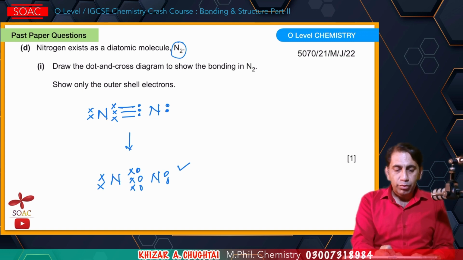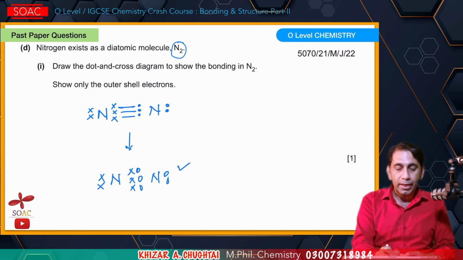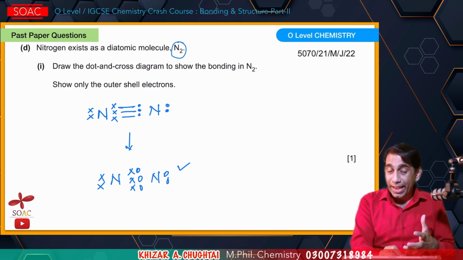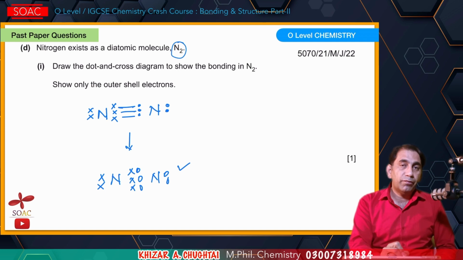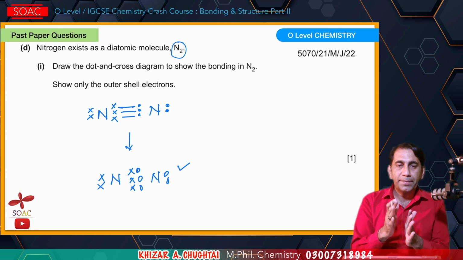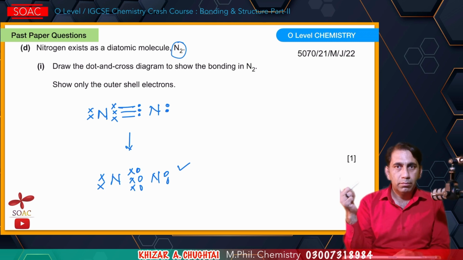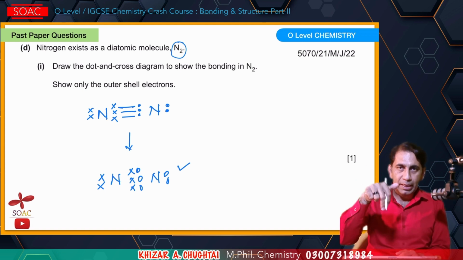For example, I show the electrons of this nitrogen by dots. The other nitrogen also contributes 3 electrons for the covalent bond formation, and these are represented by crosses. So each dot and cross pair represents a bond pair: the cross is the electron from one atom, the dot is the electron from the other atom.